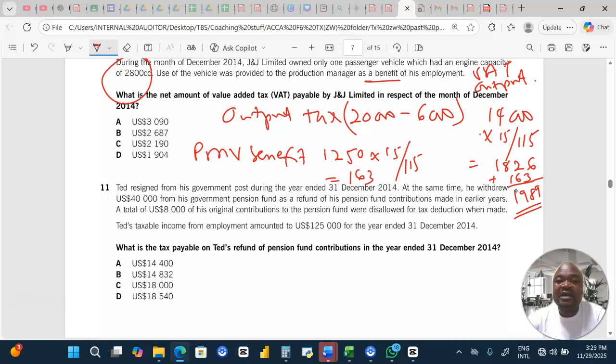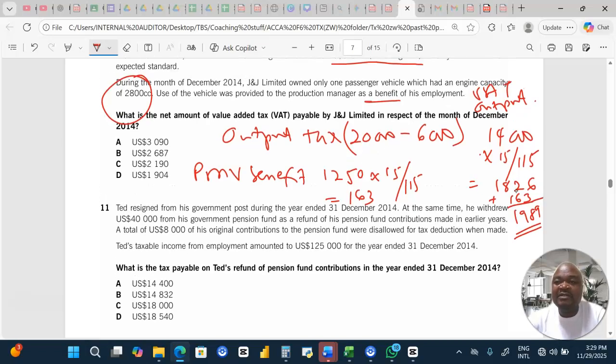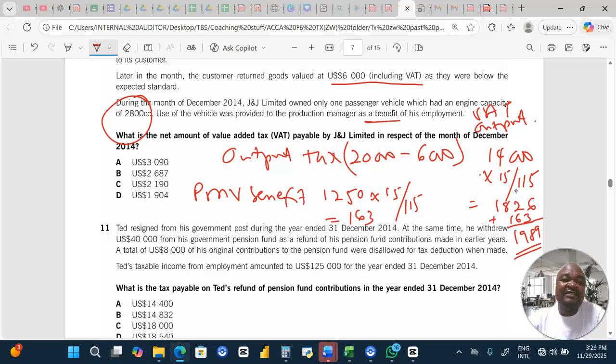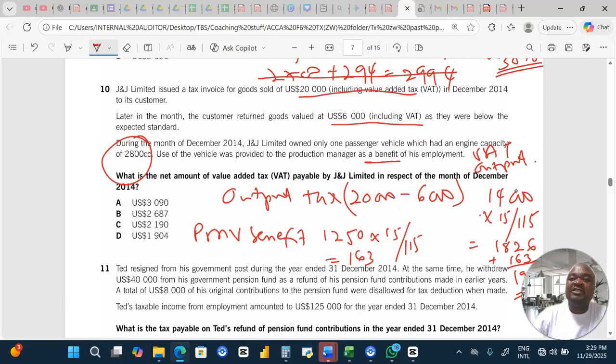We don't have that amount. What are you saying? The difference has generated from the aspect of the PMV. I've used the deemed benefit here. The 1,250 is from the current table.